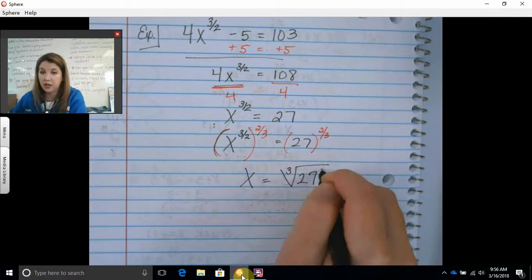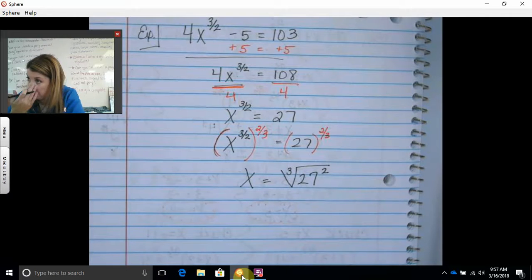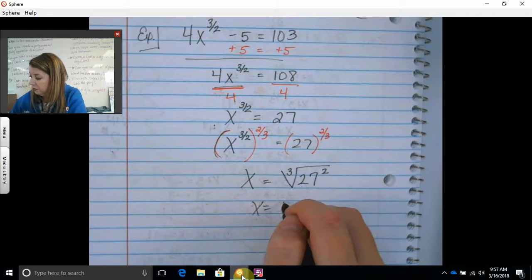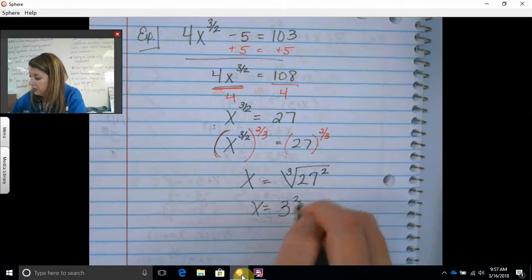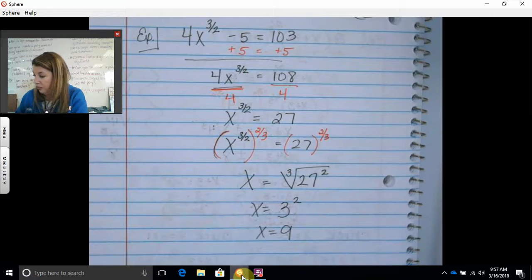Cubed root of 27 squared. That has an odd index, so would we do positive and negative? No. So we can do 27 squared first, or we can do the cubed root of 27. I would probably prefer to do the cubed root of 27, which is what? 3. And 3 squared gives you 9.